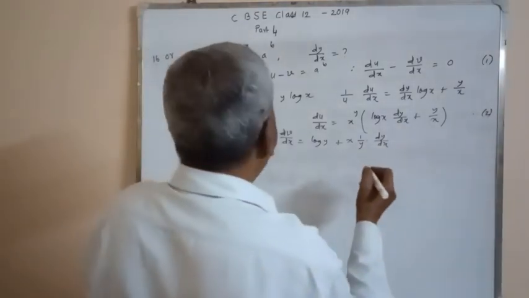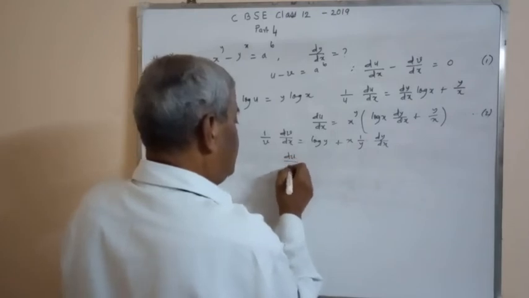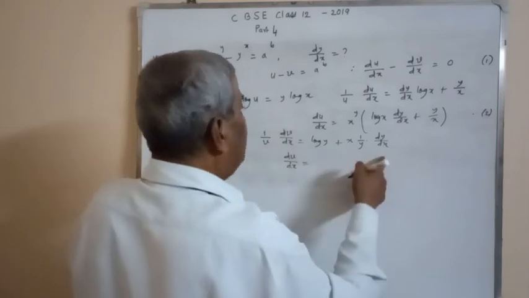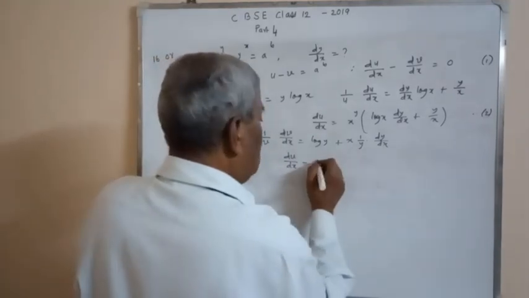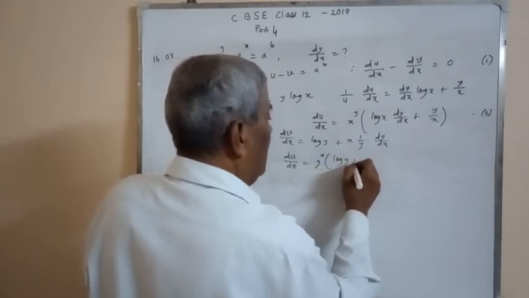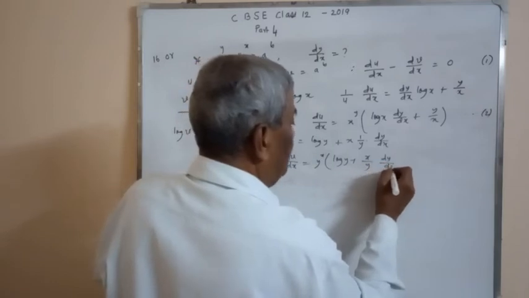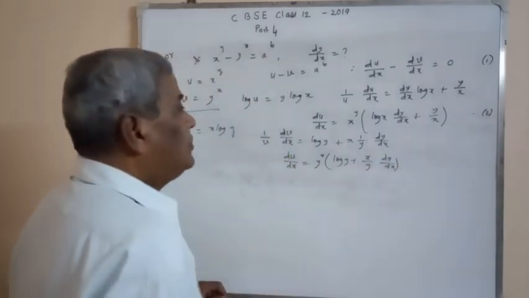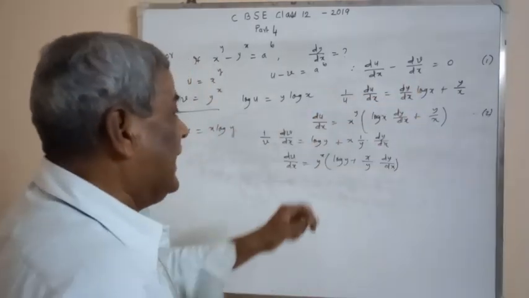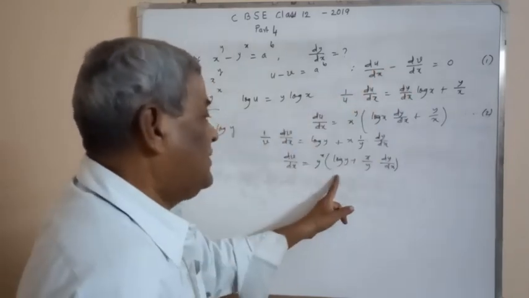So we get dv/dx is equal to v into that. v is nothing but y to the power x, so y to the power x into log y plus x by y dy/dx. So from equation 1, we get both du/dx is equal to that and dv/dx.